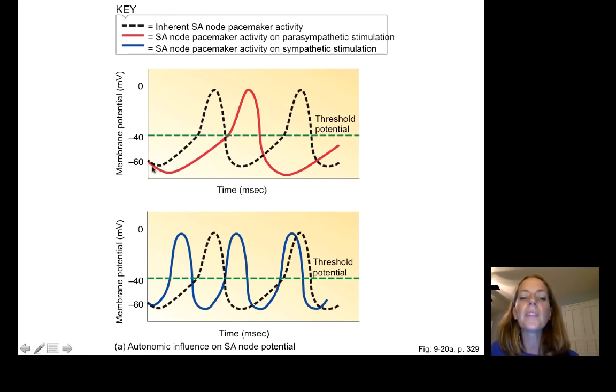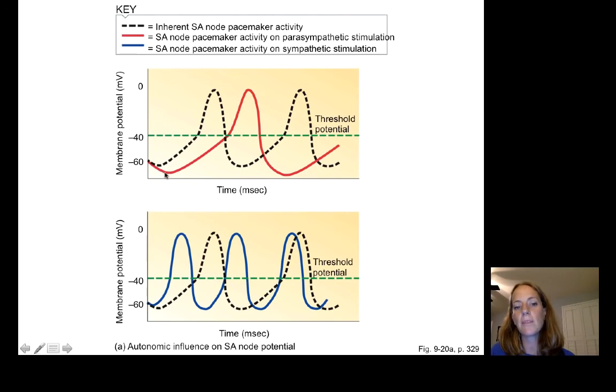So this would be your normal heart rate set by the SA node, and this would be in red what the action potential looks like with parasympathetic or acetylcholine input. Here in blue overlaid is what the action potential looks like with sympathetic nervous system or epinephrine.